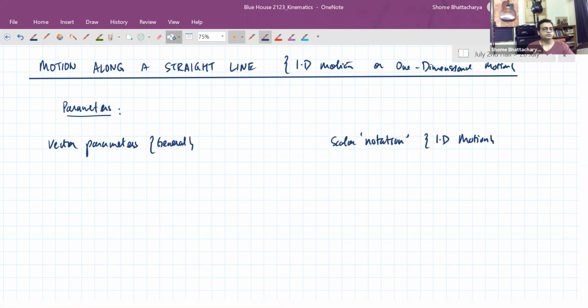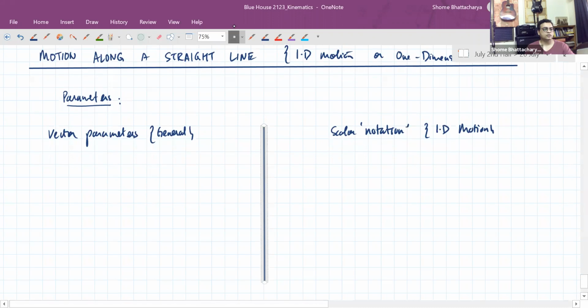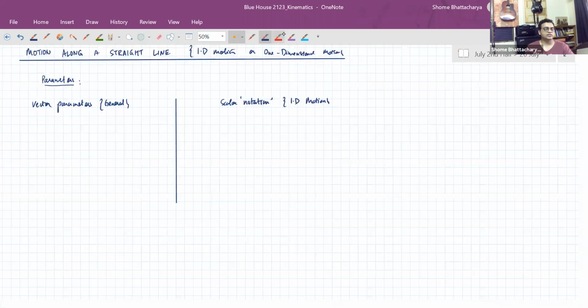It's not to say that velocity in 1D motion becomes a scalar quantity. It's still a vector quantity, but it can be represented in a scalar notation without using unit vectors, because there are only two possible directions. So we just need an algebraic sign.